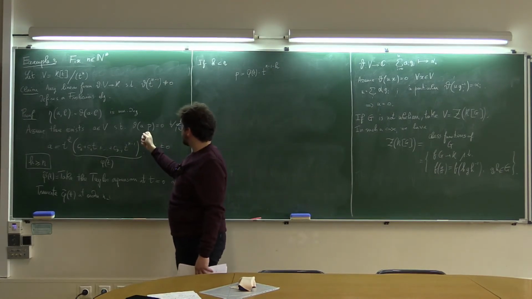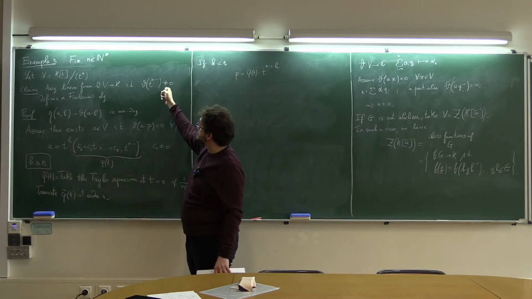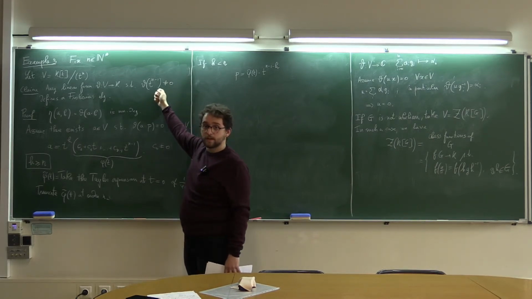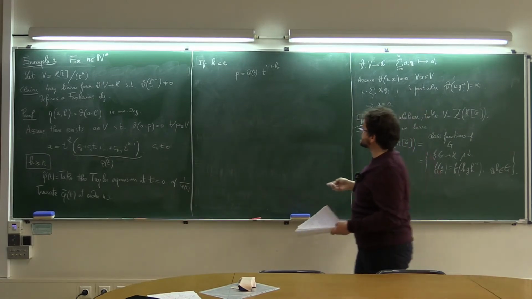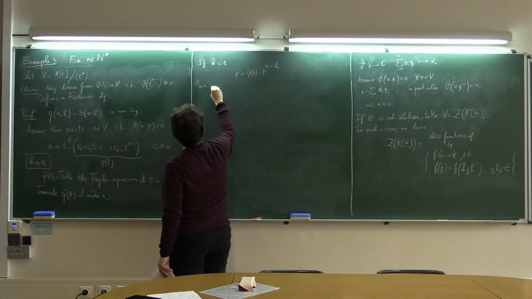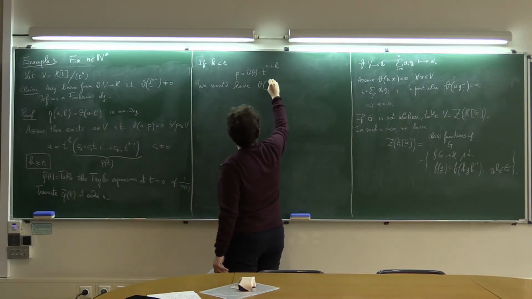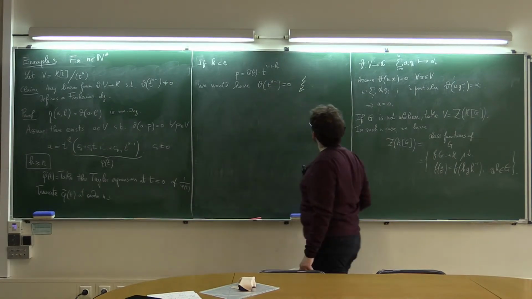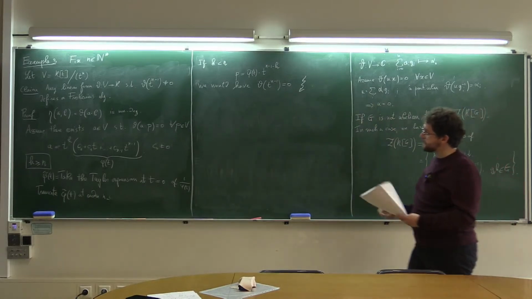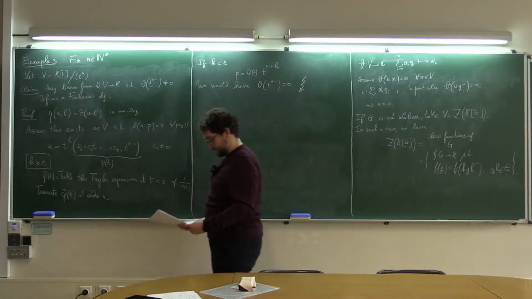I plug in here. By assumption, I am assuming that this is 0, but the linear form was supposed to be non-zero on t^(n-1). Okay, so this is absurd. So we have a very concrete Frobenius algebra over the space of polynomials.